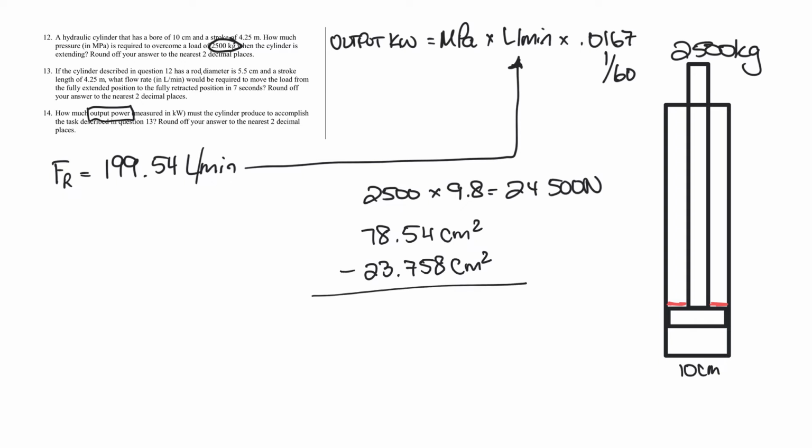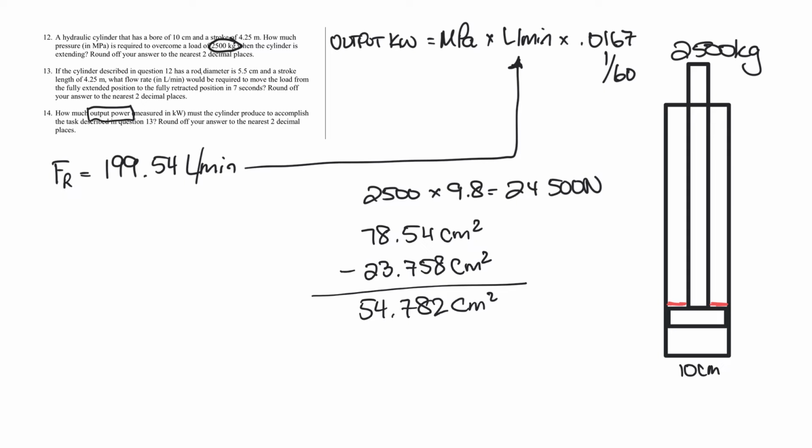And so let's grab our calculator. 78.54 subtract 23.758. And we're going to be left with 54.782 centimeters squared. That's our effective surface area.